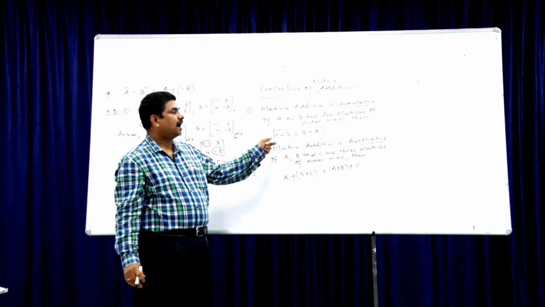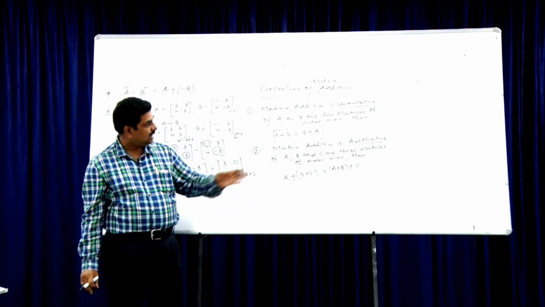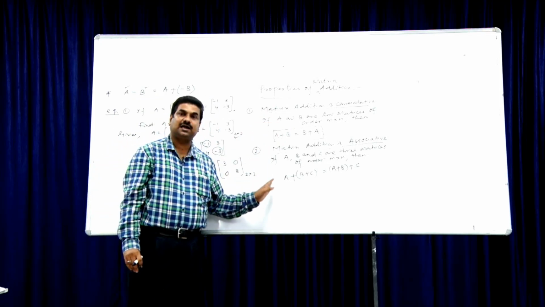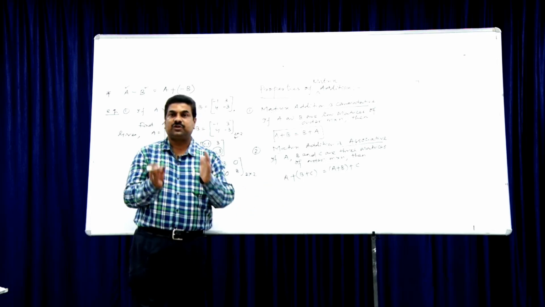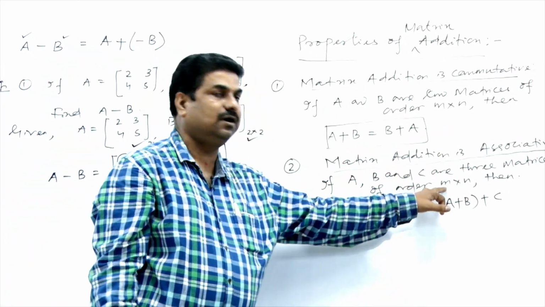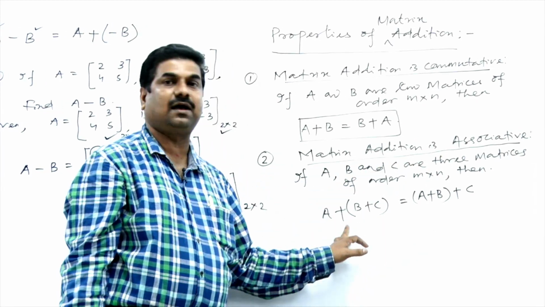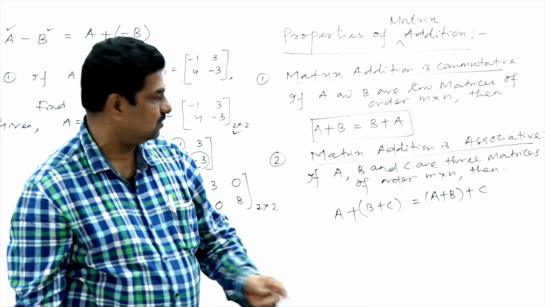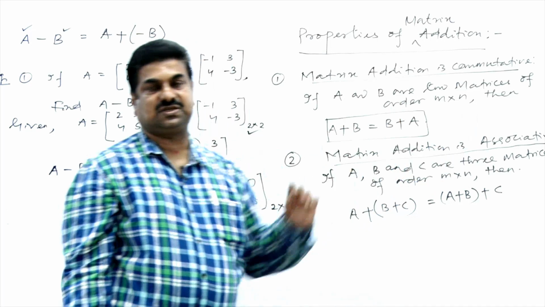In case of addition, matrix addition is associative. That means if you consider three matrices A, B and C of order m by n, then A plus B plus C is equal to A plus B plus C.